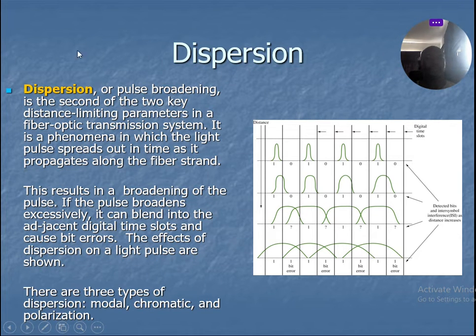Since we've talked about attenuation, the second one that also inhibits signal transmission over a certain range in optical fiber is called dispersion. It is a phenomenon in which the light pulse spreads out in time as it propagates along the fiber strands.